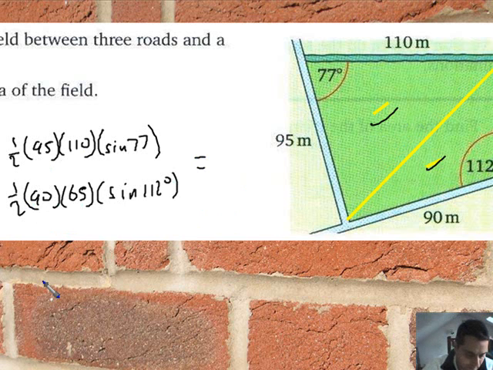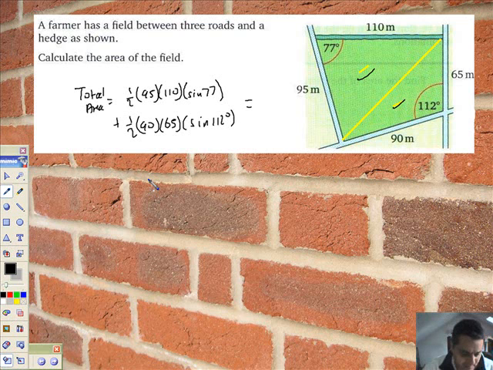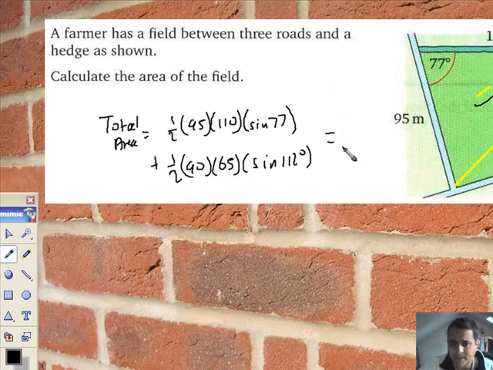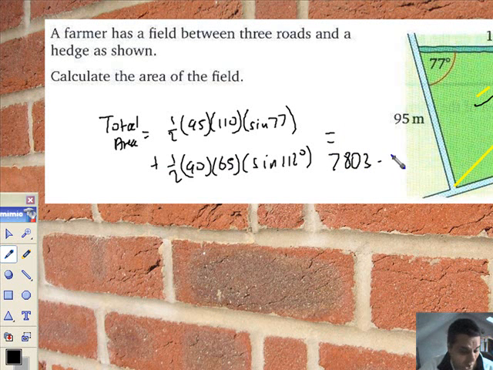So here I go. 0.5 times 95 times 110 times the sine of 77. Then I'm going to go plus 0.5 times 90 times 65 times the sine of 112 equals, and it's giving me an answer of, quite big really, not surprising, 7803.09, so 0.1 meters squared.